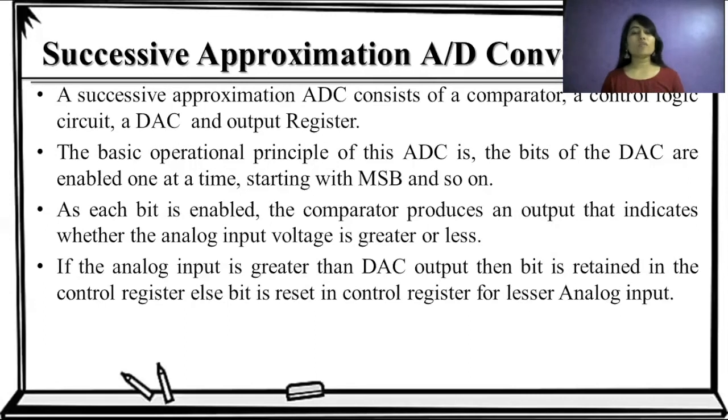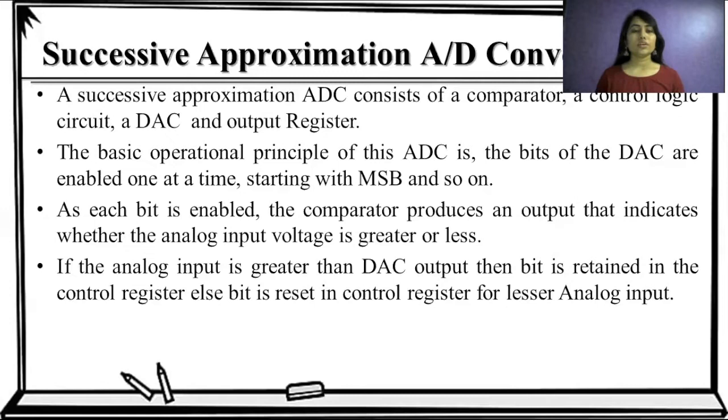If we have a positive difference, we retain that bit, and if we have a lesser or negative value, we take a 0 in the given bit, or we reset that bit in the control circuitry using control register bits.